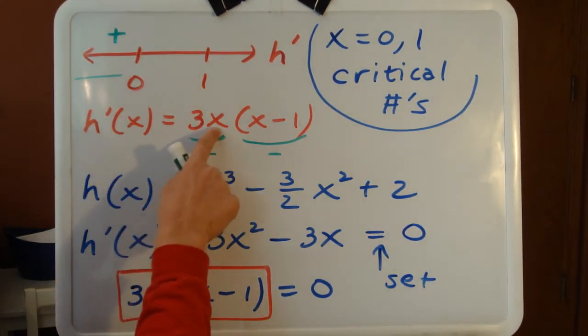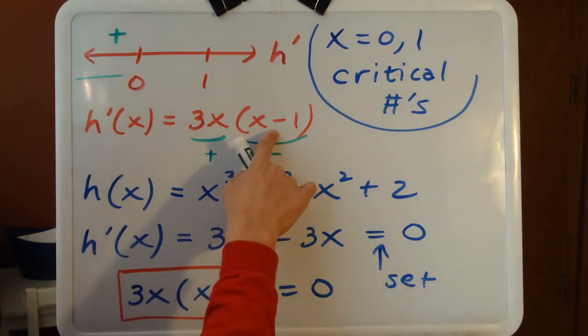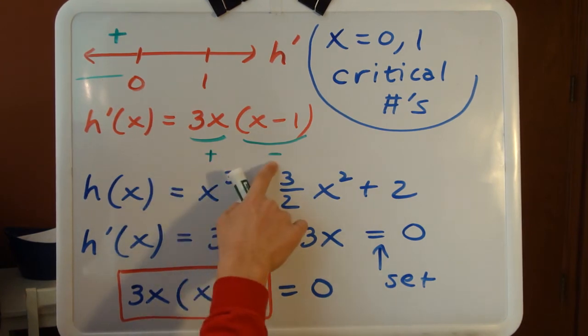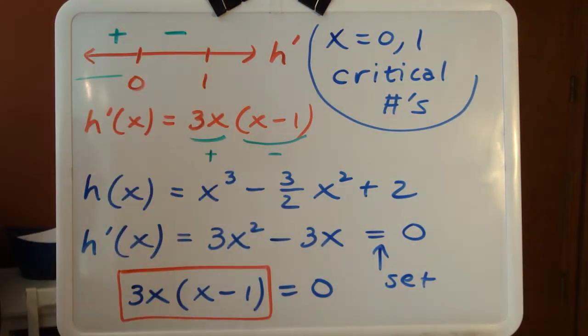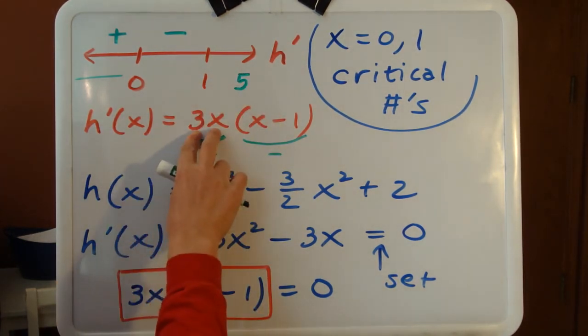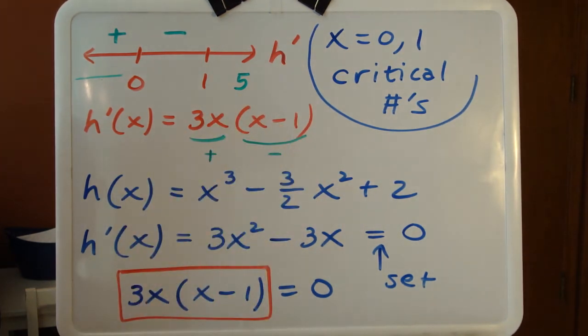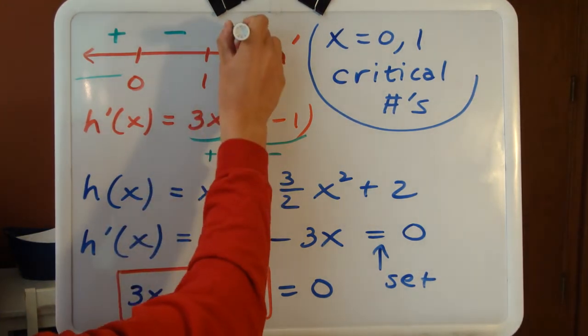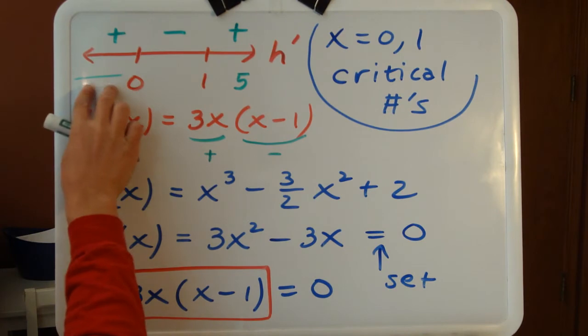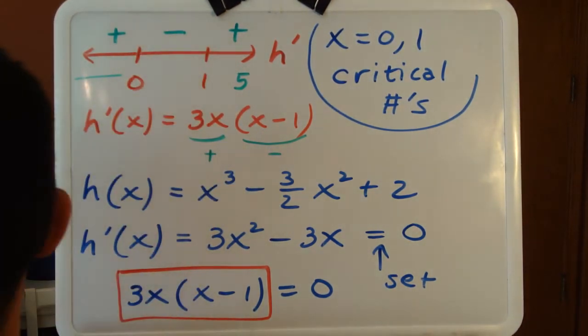Then this is going to be a positive number, this will stay negative, and the product will be negative. Finally, anything to the right of 1, pick the number 5, for example. This will be 15, and this will be 4. We don't care what 15 times 4 computes to, we just care that it is a positive number. So all we do is check a number in each of these regions, and we get the sign of the derivative.